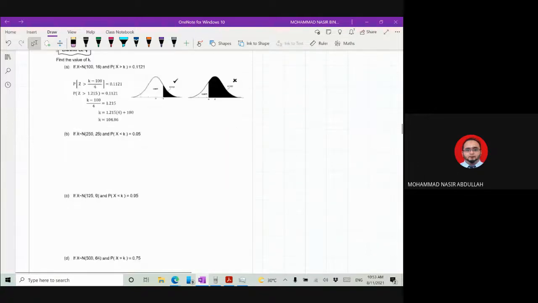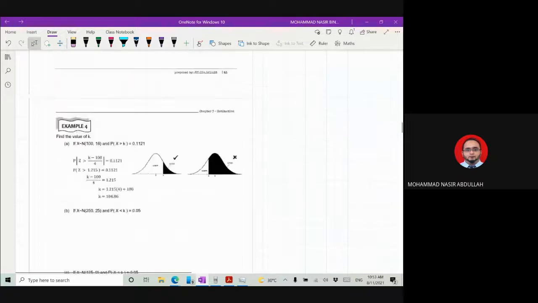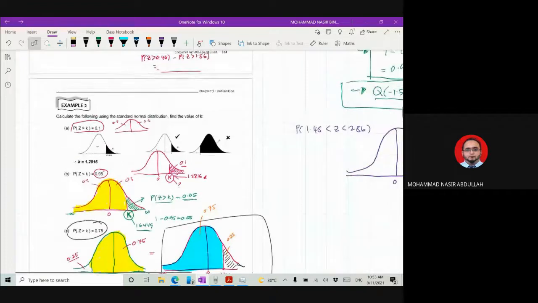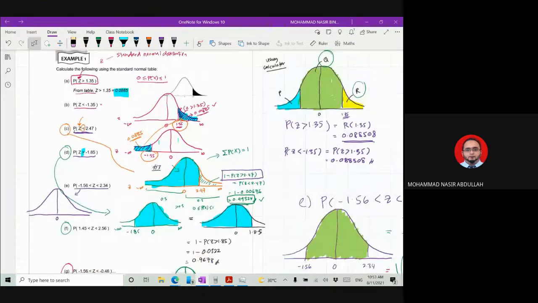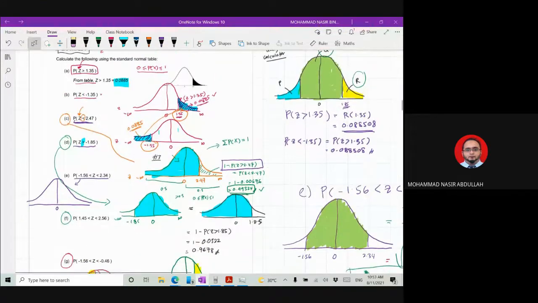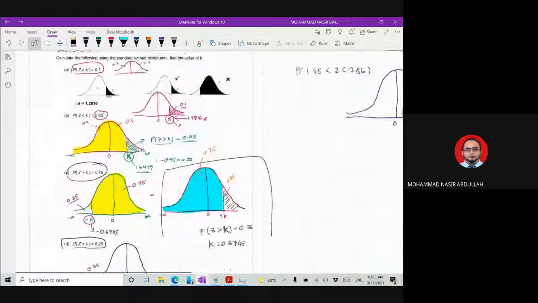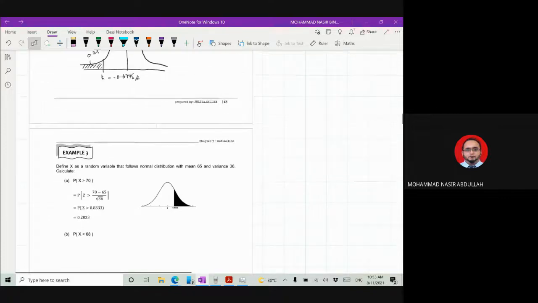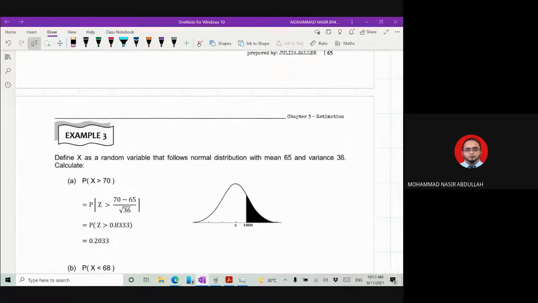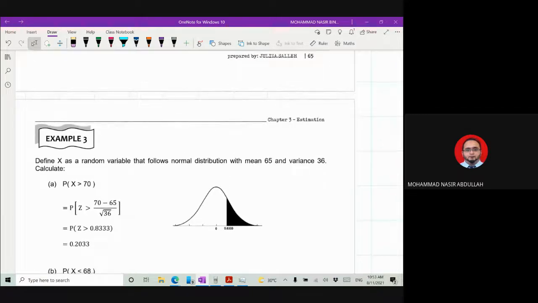We need to go faster than this because I hope you already understand the concept of finding the probability value from a statistical table and calculator. This is for the standard normal distribution, right? So next class we will look into the original normal distribution, a problem from the original normal distribution, and then we try to convert it to the standard normal distribution, right? So I think that's all.